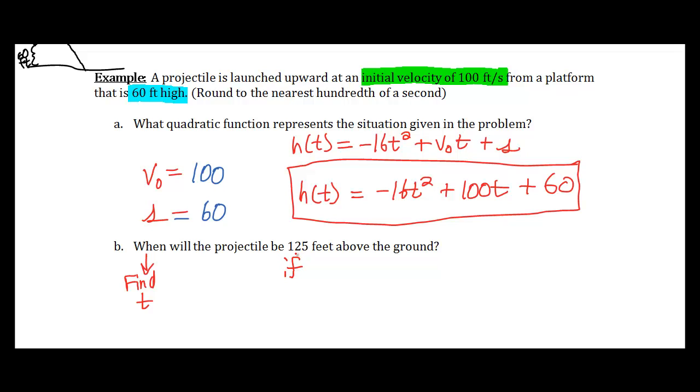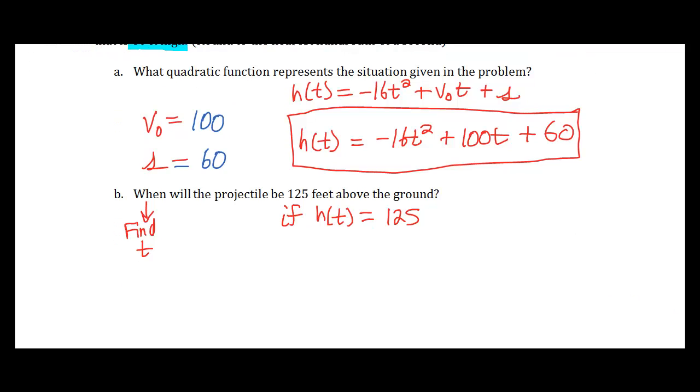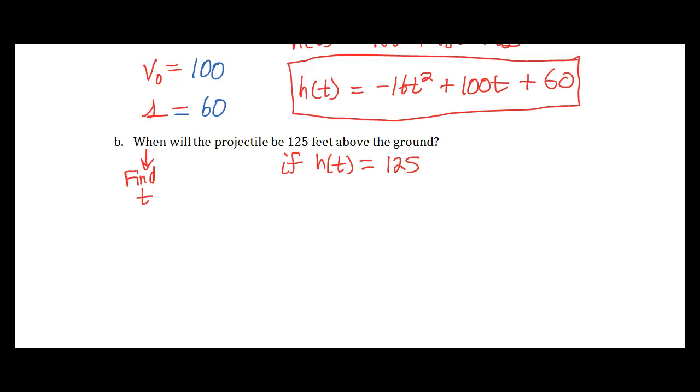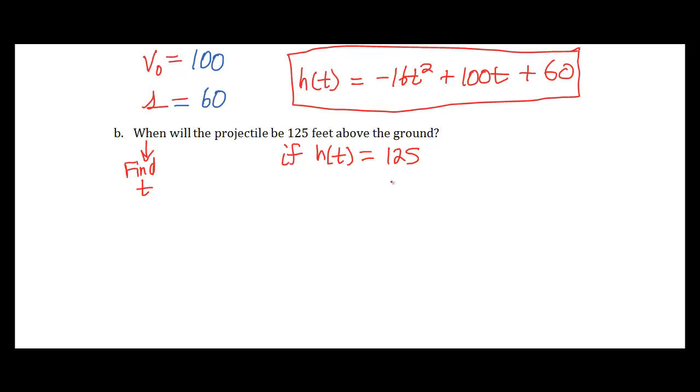If the projectile is 125 feet above ground, that means the height, or h of t, is 125. Now that I have my quadratic function, I'm going to substitute 125 in for h of t, so I get 125 equals, and everything else stays the same because I need to solve for t. So negative 16t squared plus 100t plus 60.